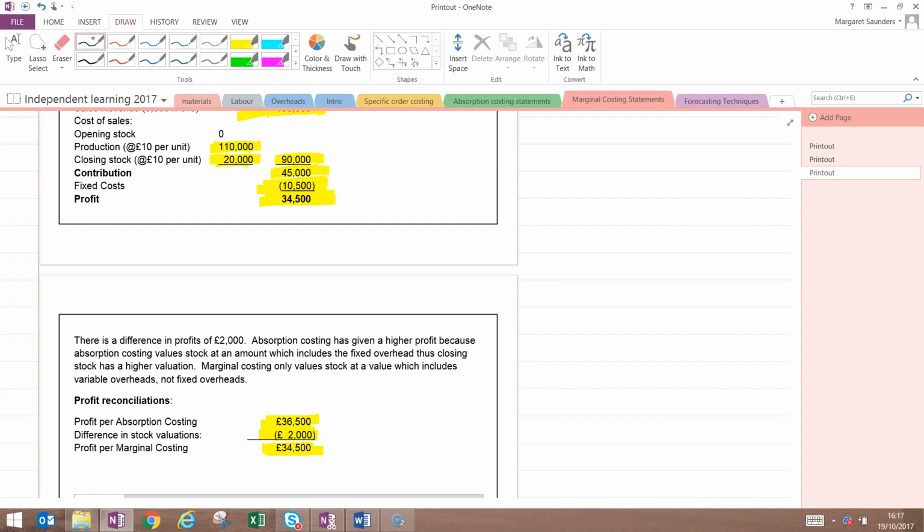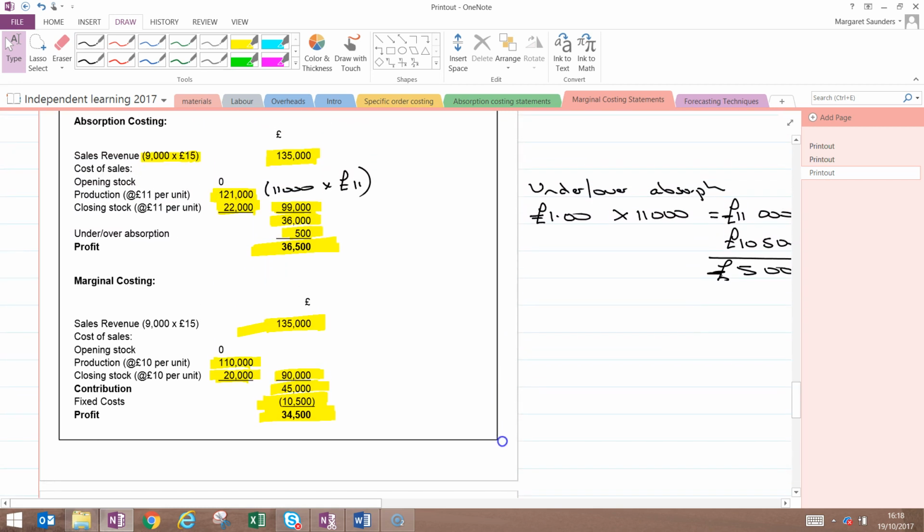Now that £2,000 difference in the closing stock valuation is due to the fixed production overheads. Within absorption costing, the closing stock valuation of £22,000 includes £2,000 of fixed production overheads.